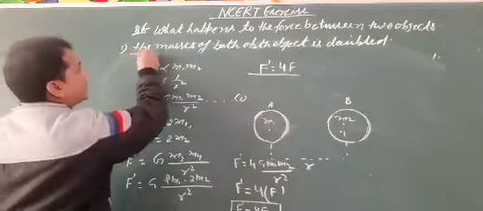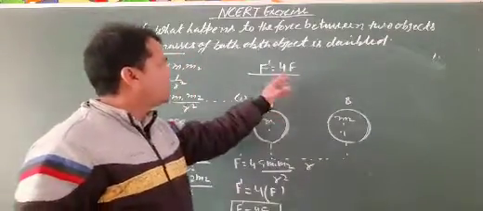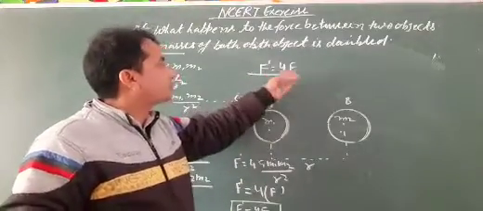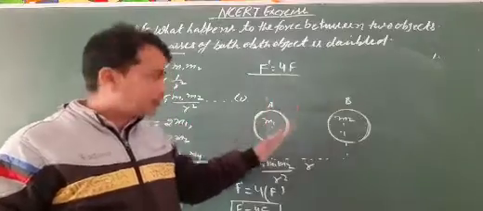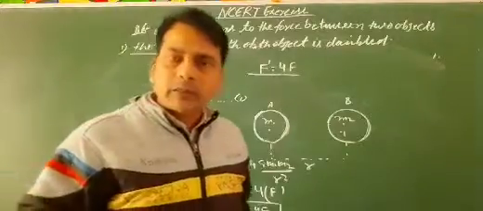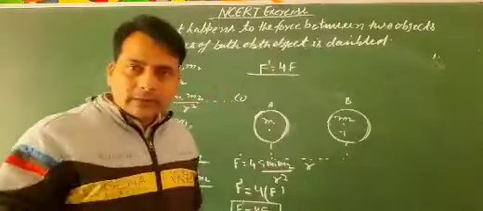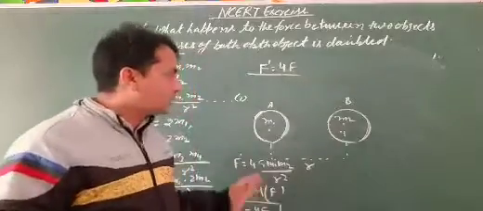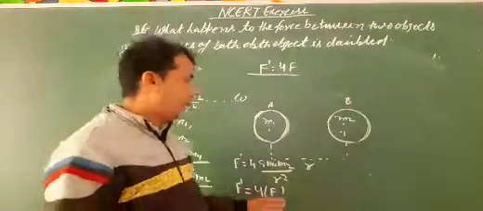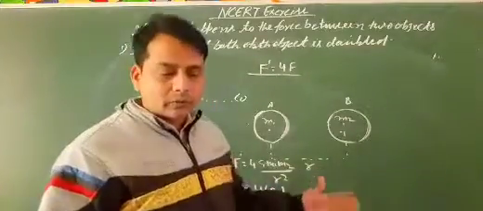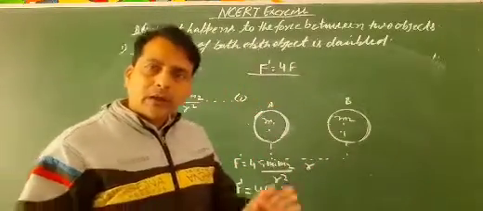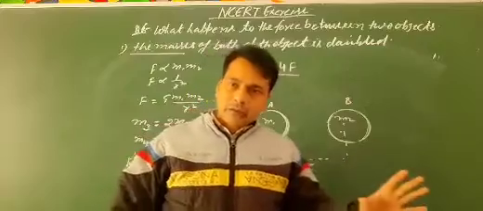So if the masses of both objects are doubled, then the new gravitational force is 4 times the original gravitational force, because the gravitational force is directly proportional to the product of masses and inversely proportional to the square of the distance between their centers. So it is clear that if one quantity is directly proportional to another quantity, and one quantity increases, the other also increases by the same amount.